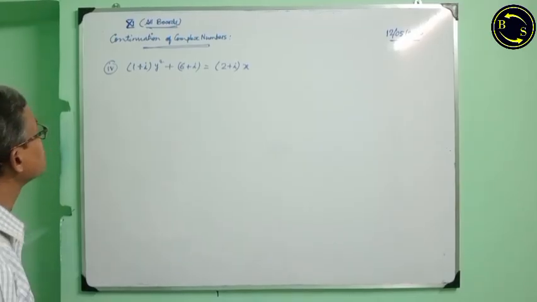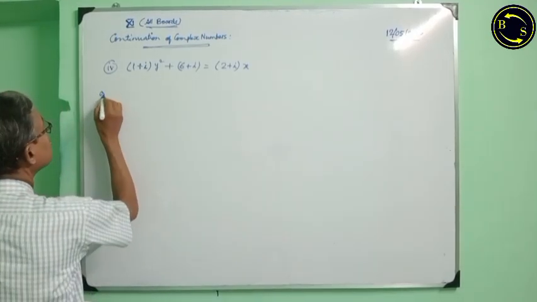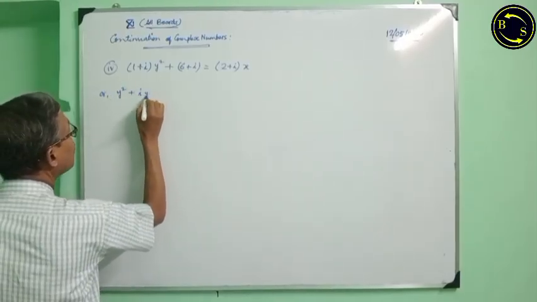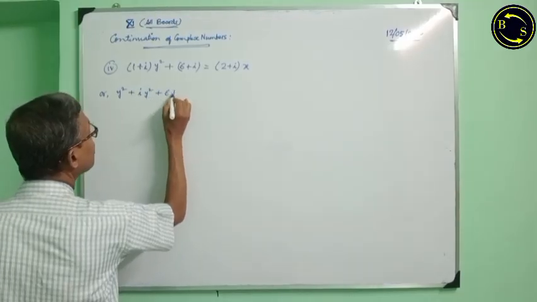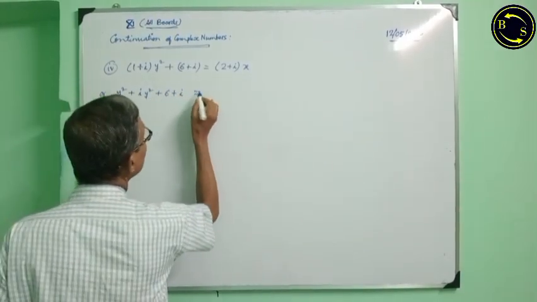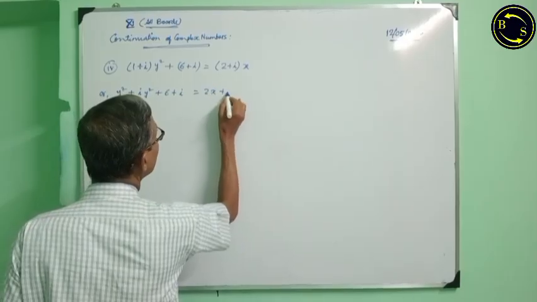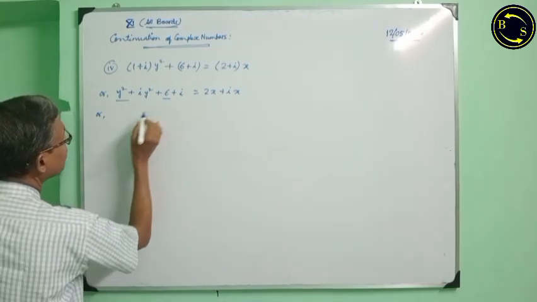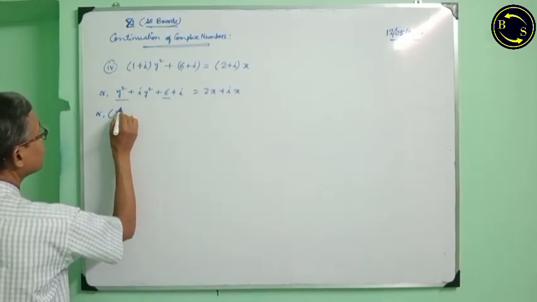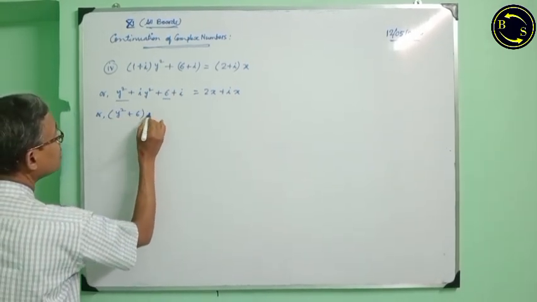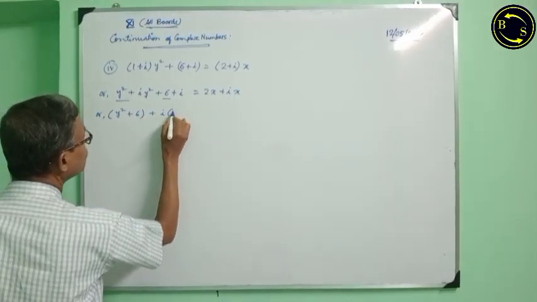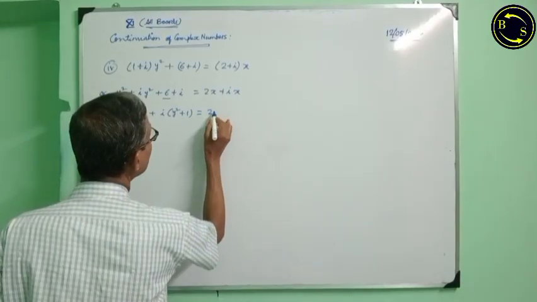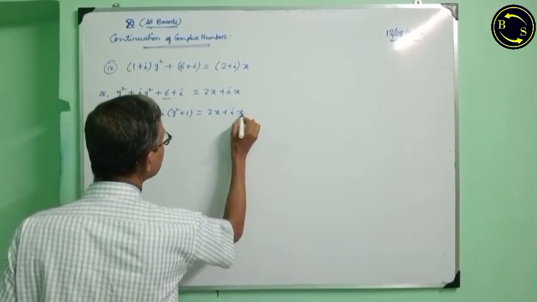Therefore, we first express the left hand side: y square plus i y square plus 6 plus i is equal to 2x plus ix, or these are the real y square plus 6 plus i into y square plus 1 is equal to 2x plus ix.